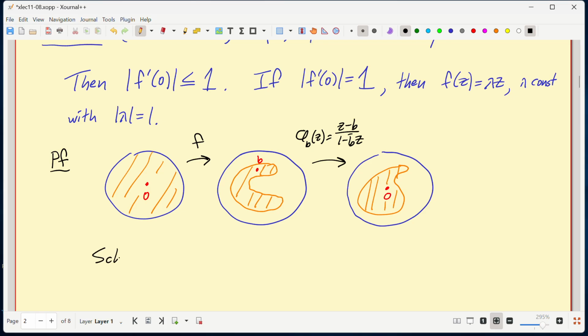So Schwarz gives us that the composition, phi sub B composed with f, derivative at 0 is less than or equal to 1.